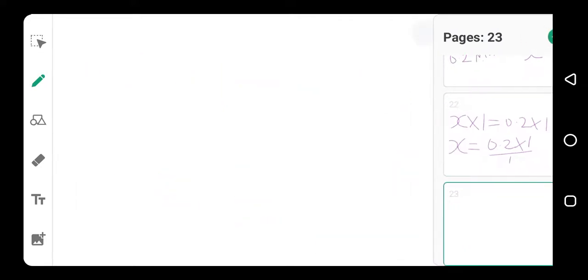Therefore, our X is equal to 0.2 mole per dm cube.